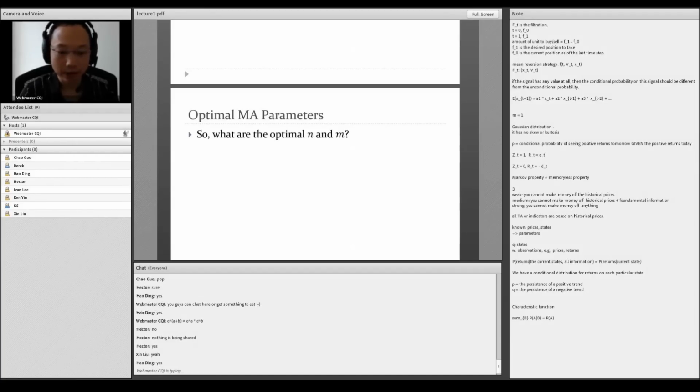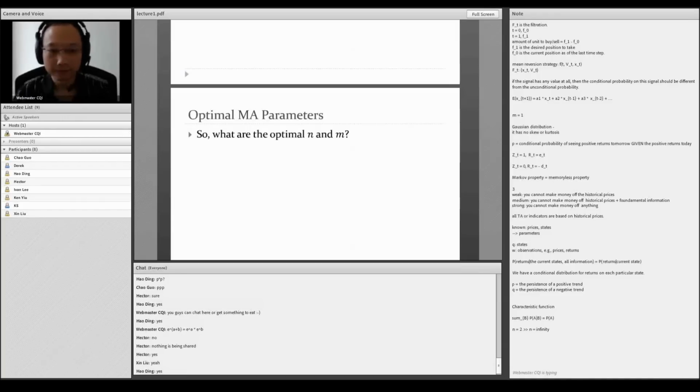So again, what this mathematics tells us is that for moving average crossover strategy, the less information that we use, the more money that we expect to make. Now this is very contradictory to traditional wisdom, and this is a very surprising conclusion.